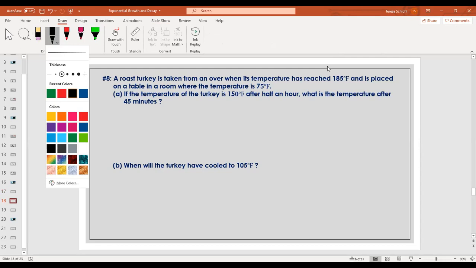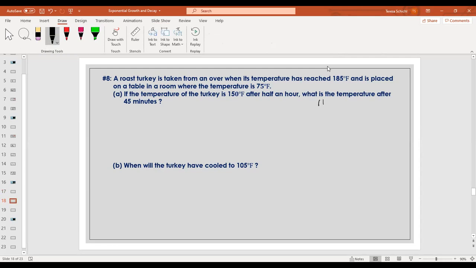So before we even do this type of problem, let me write down Newton's cooling formula. Newton's cooling formula is dT/dt. See here, there's the uppercase T, we call this the temperature, and the lowercase t is the time. So this is the rate of the temperature change over time, right?